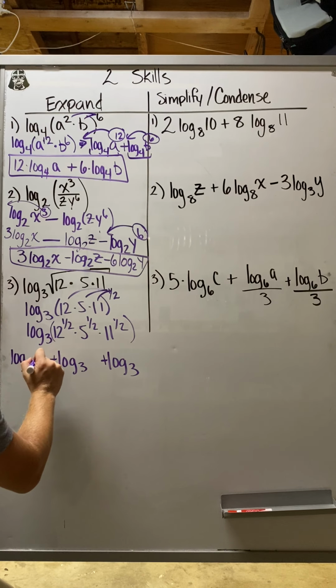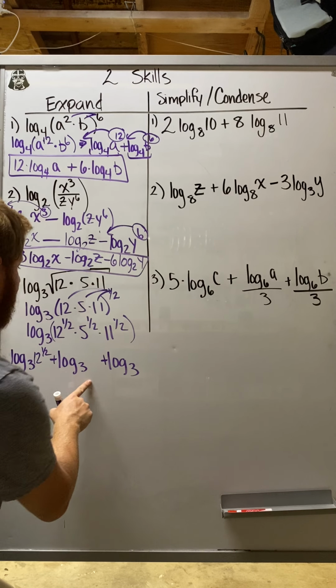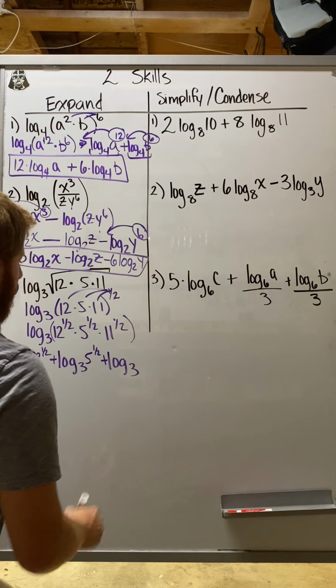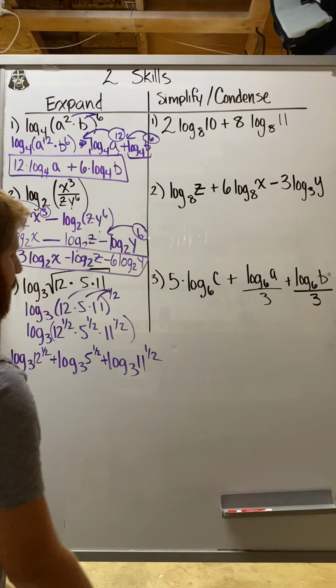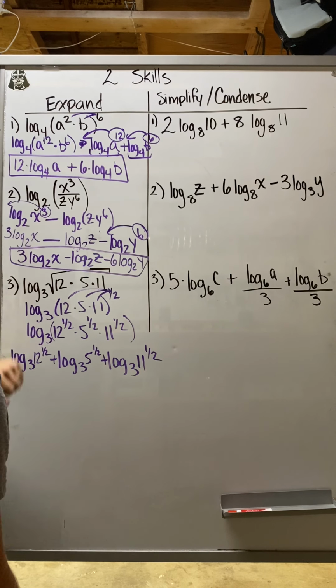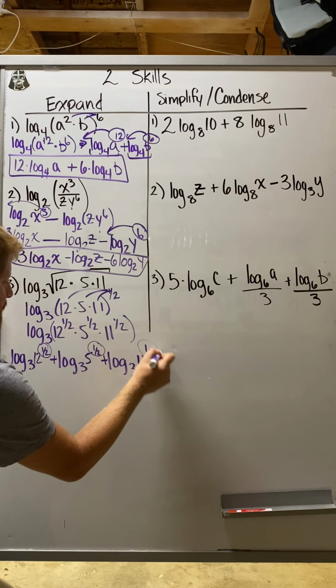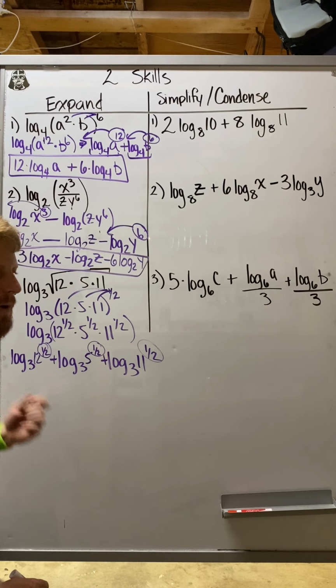What's this first one? It's going to be 12 to the power of 1/2. What's this second one going to be? It's going to be 5, also to a power of 1/2. What's this third one going to be? It's going to be 11, also with the power of 1/2. We are not done yet. I know that you want to be done here, but we are not. All of these are exponents. When you are expanding them, where are exponents supposed to go?